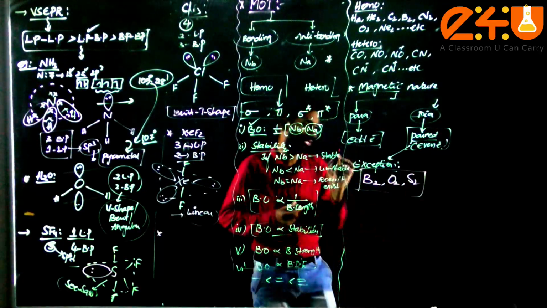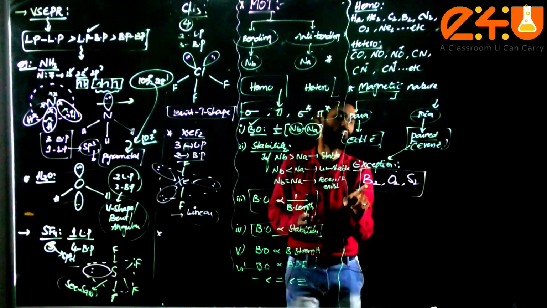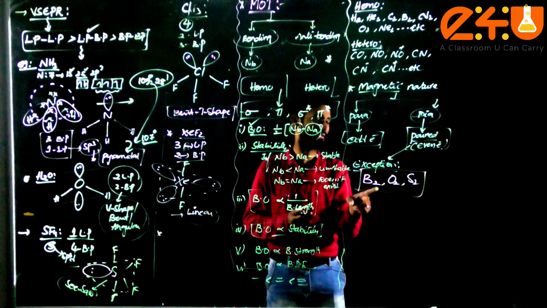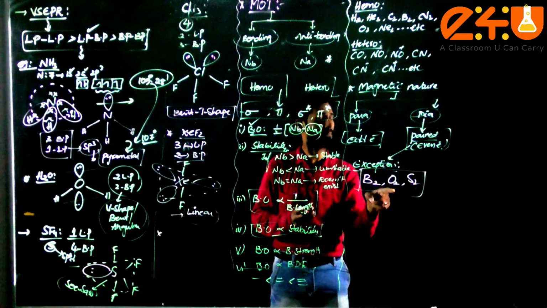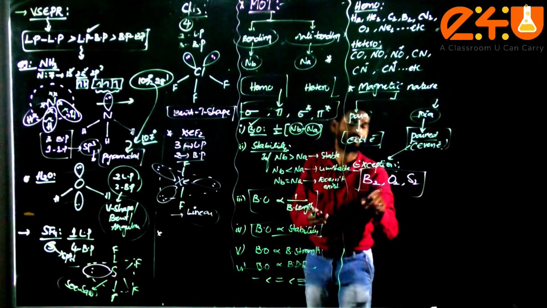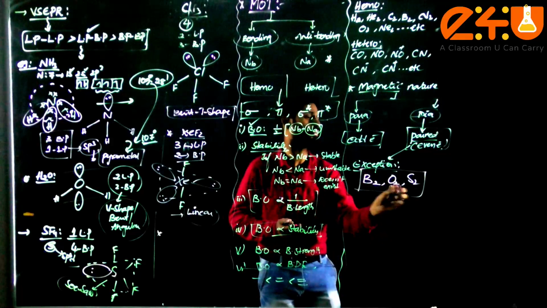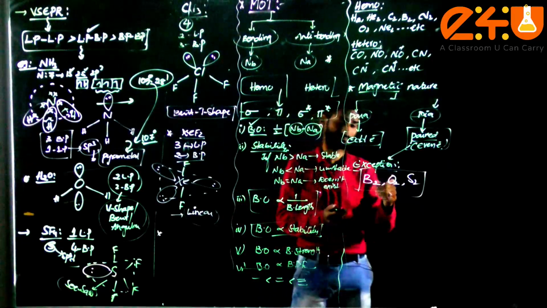These three molecules generally have an even number of electrons, because 5 plus 5 is 10, here 16 is there, here 32 is there. Now even number of electrons is there, but it doesn't form a diamagnetic substance because the electrons are present in anti-bonding orbitals in O2 as well as S2. That's why there are unpaired electrons: one unpaired electron here, two unpaired here.